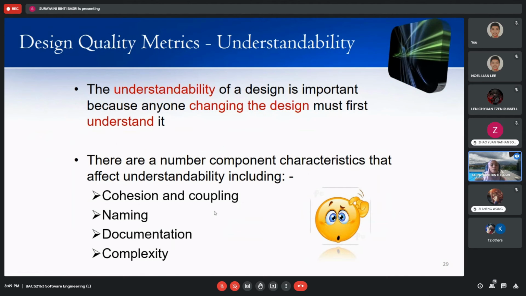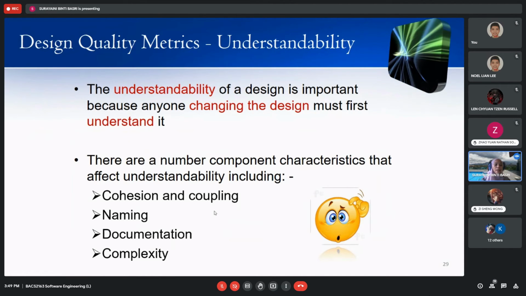In terms of documentation, you have to make sure that whatever design you have in the SDD is consistent with whatever is in the SRS.